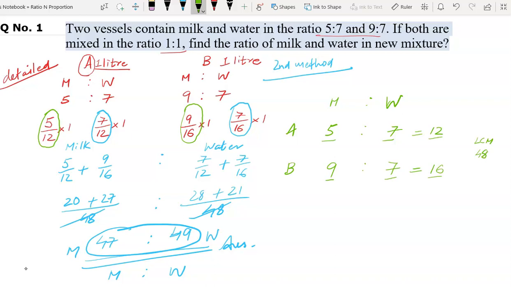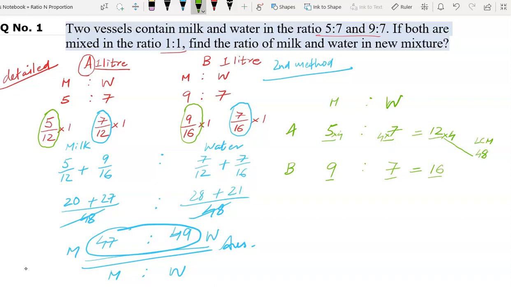Now in order to make this same, because we are mixing it in the ratio 1:1, so our ratio should be same. So we will divide 48 by 12. We will get how much? 12 into 4. Now if we have multiplied 12 by 4, then we will multiply this by 4 and this also by 4.